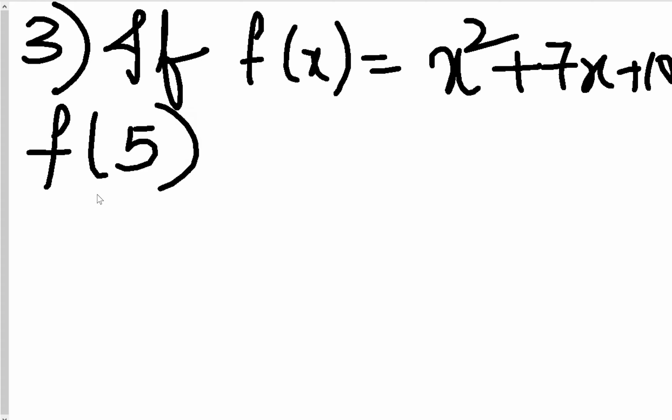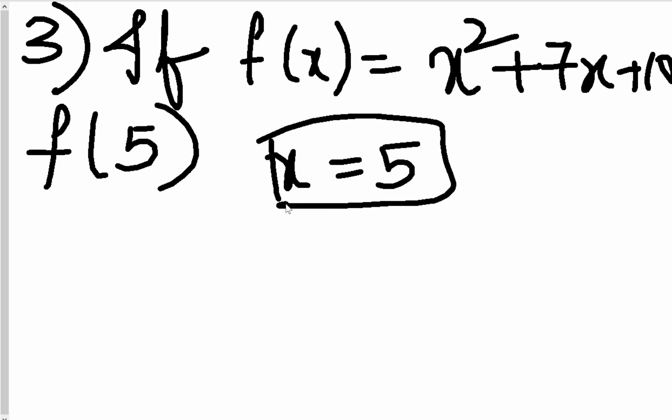Here they've just reframed this question slightly. In the previous questions, they must have told you to find f of x when x was equal to 5. When we have that question, we simply plug in the value of 5 in this particular equation wherever we find x.